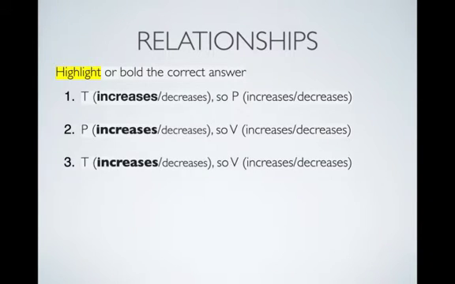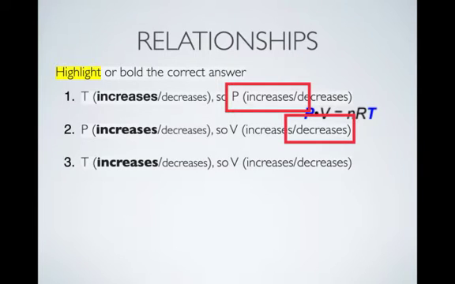We're going to talk about these three relationships really quick. If temperature increases, I get more collisions and therefore pressure increases. Here's the formula. If pressure is increasing on a container, what will happen to its volume? Its volume will decrease.